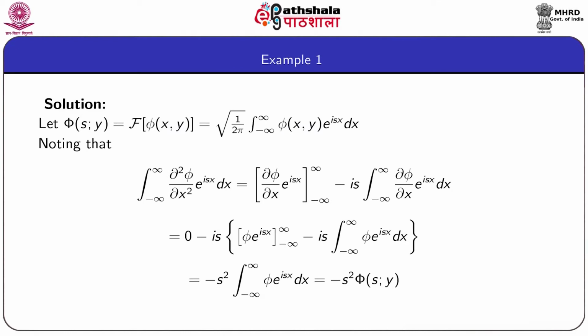For this, let us suppose capital Φ(s,y) is the Fourier transform of small φ(x,y), which is defined as 1/√(2π) integral from minus infinity to plus infinity φ(x,y) e^{isx} dx.